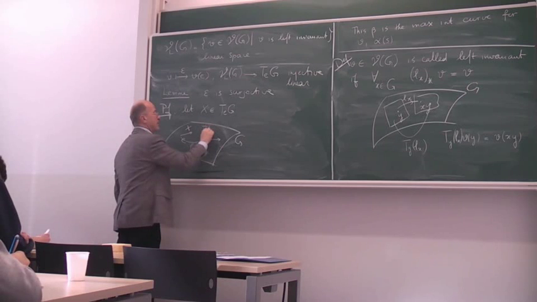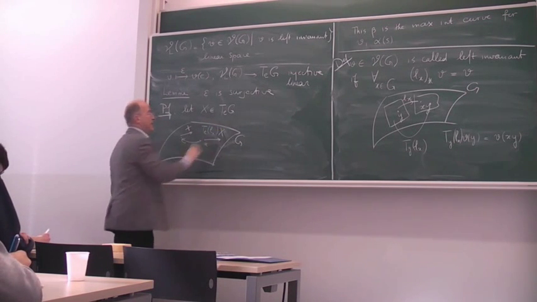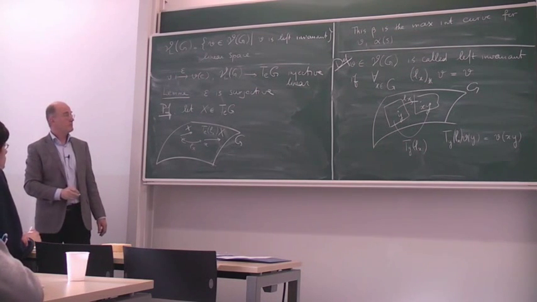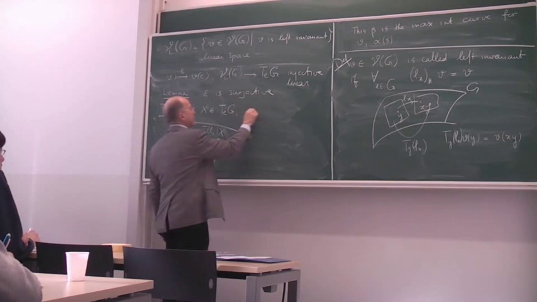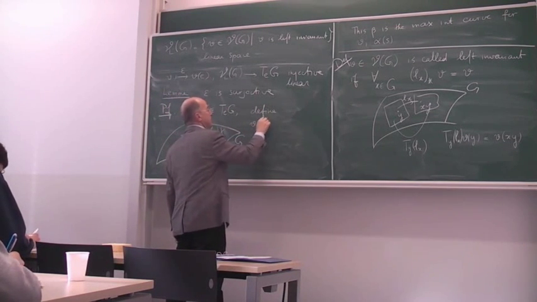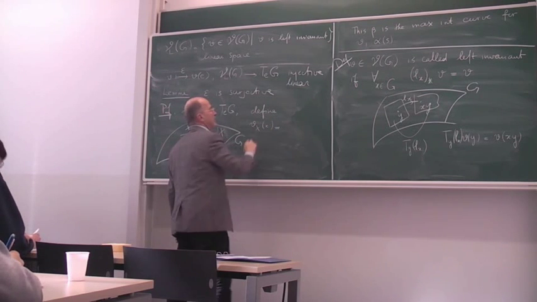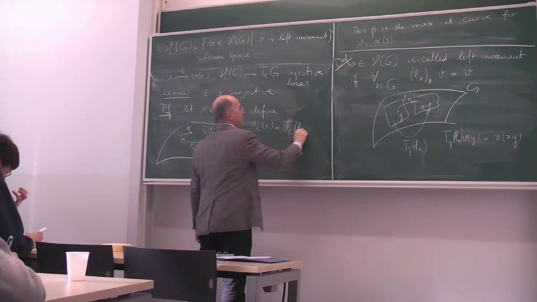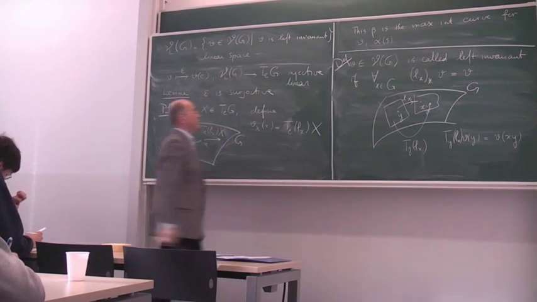So take the tangent map at the identity element of L sub x and apply this to capital X. Right? So define the vector field V sub x at a point x to be the tangent map at the identity element applied to x.